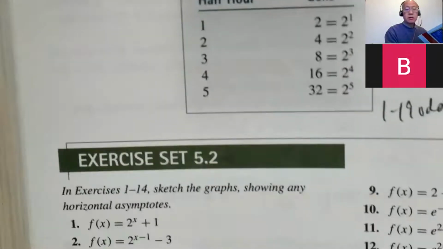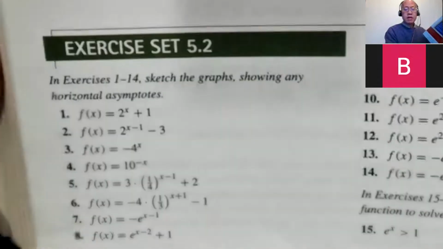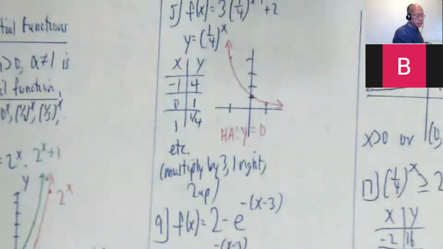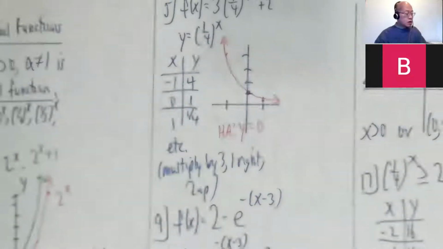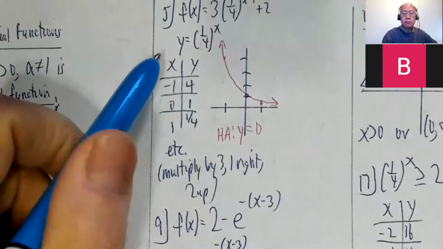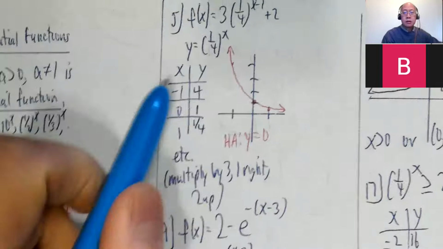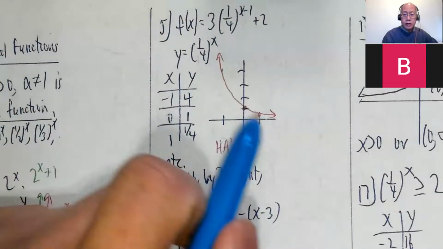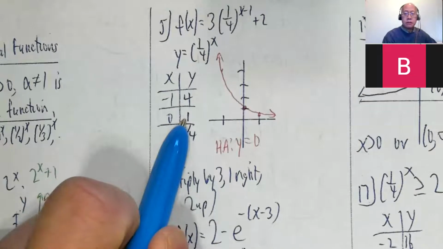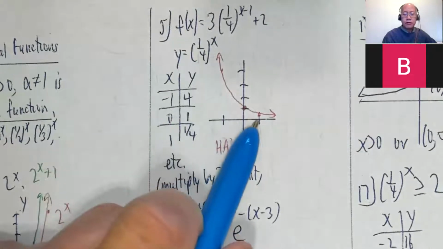All I'm going to do is show you the basic 1/4 to the x function. So it's falling. If I plug in 0, you get 1. If I plug in 1, you get 1/4.